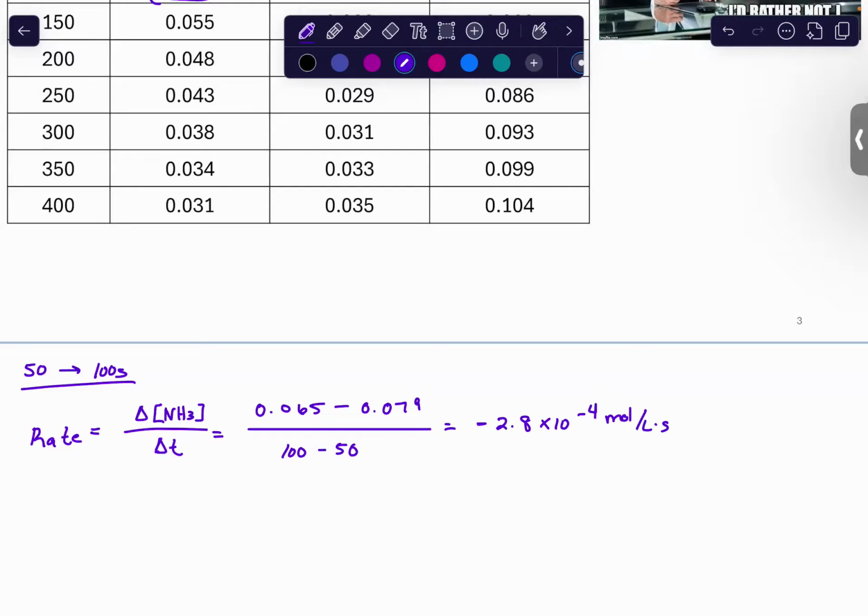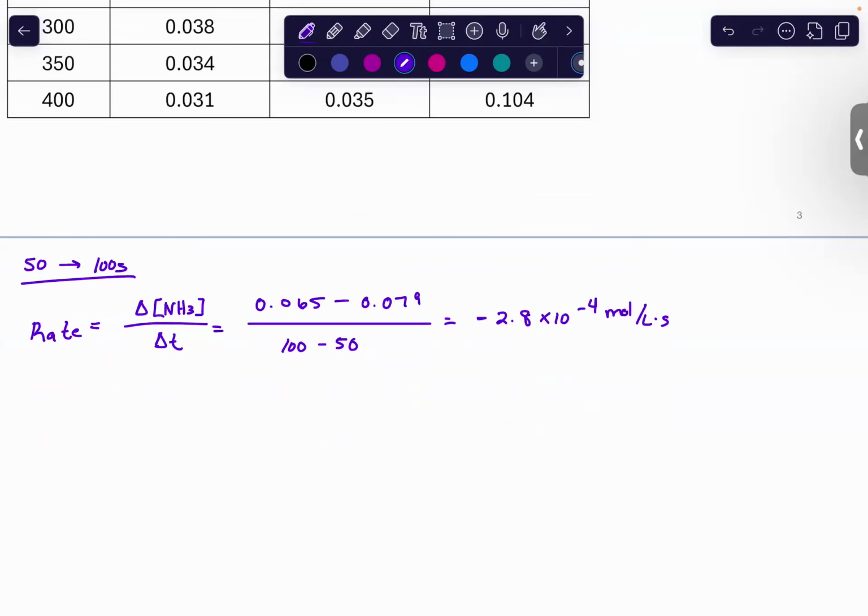Now, of course, that makes sense. This is the reactant. It's being used, so we're getting a negative number. But it does tell you about how you express the rate as we go forward. So for the rate, for example, of disappearance of any reactant is going to be the negative of the rate expression.